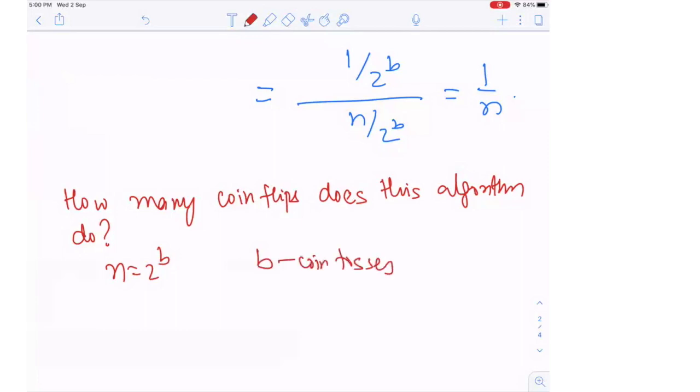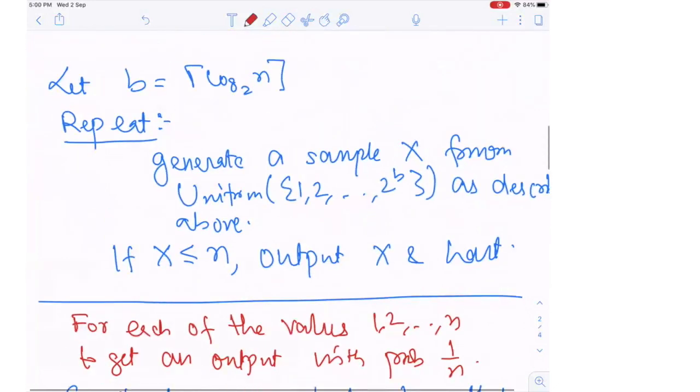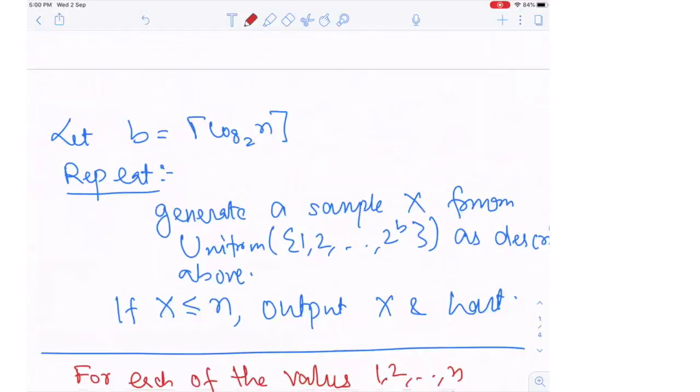But now, what are we saying? If I do a certain number of rounds, each time we go through this repeat loop, we spend b bits. So if I go through, say, t rounds, then we will be using tb bits.